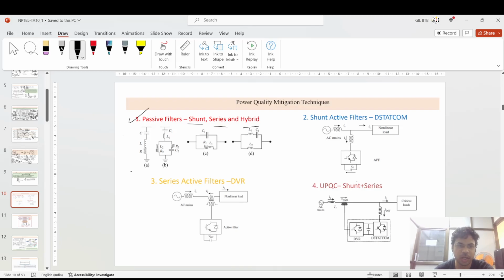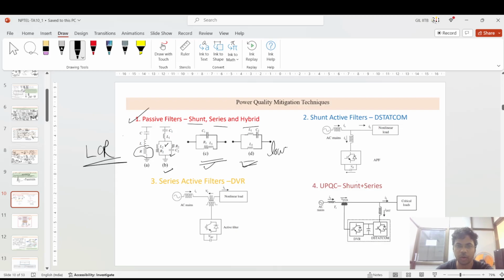Suppose you have passive filters such as shunt, series and hybrid systems. In the A component, you have the LCR filter, which has a certain resonating frequency, and heating loss occurs in the R. Similarly, the B part is a tank circuit with a certain resonance between L2 and C2, and heating can also happen. The same applies to the shunt and hybrid systems. These are also passive filters.